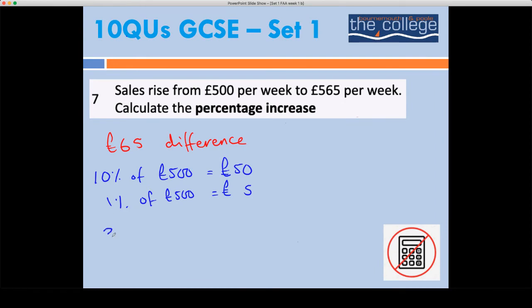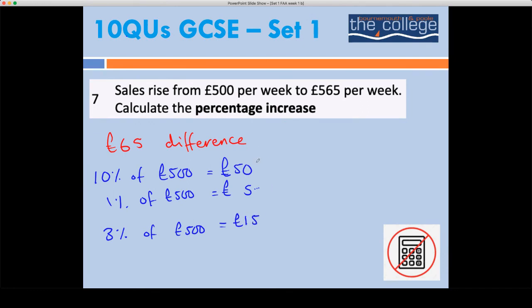So therefore, hang on, we've got £55 now. If I had 3 lots of that 5, then I'd have my £65. It's a little bit slow a method, but there's no dividing involved really apart from dividing by 10 or dividing by 100. So 3% is going to be £15.